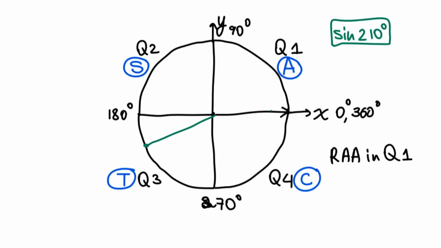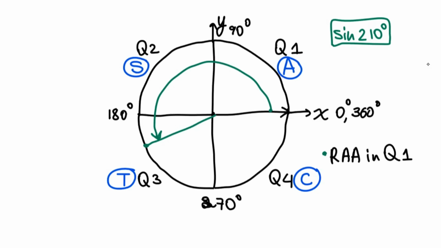We start the angle right at the x-axis in its positive side and rotate all the way around until we reach the 210 degree portion. Now, we've located it in the third quadrant. The next step is we need to determine what the related acute angle is for the 210 degree angle.